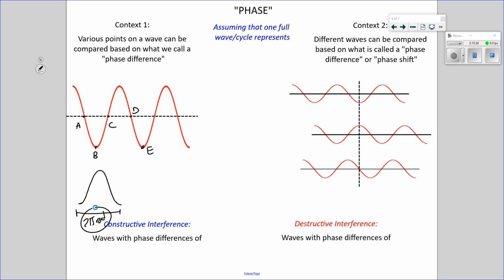And what that means is how far along a wave is one location relative to another. So for example, from A to C, those are half of a wave away from each other. We would say that's a pi radian phase difference.